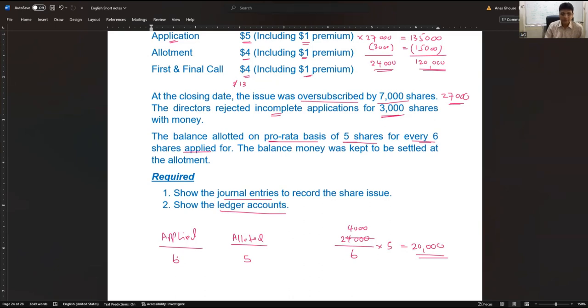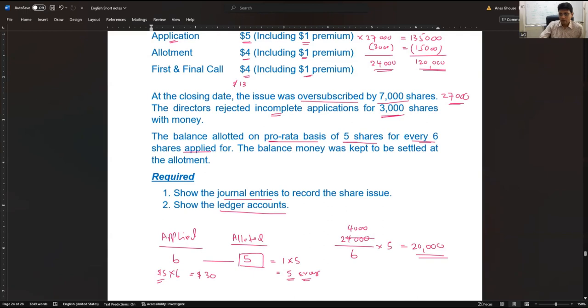Okay, so let's say you submitted 6 applications. Along with the application money, you would have paid $30. But you received only 5 shares. So there's a 1 share difference. Price per share is $5. You paid an excess $5. Effectively, the company has to refund this money.